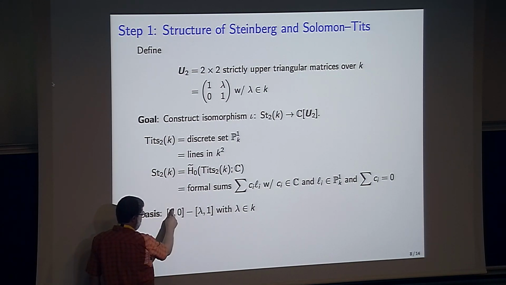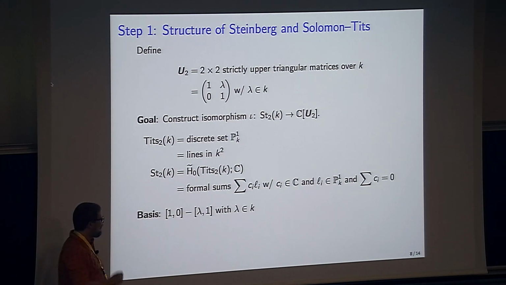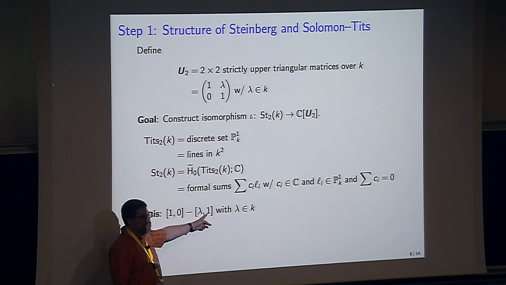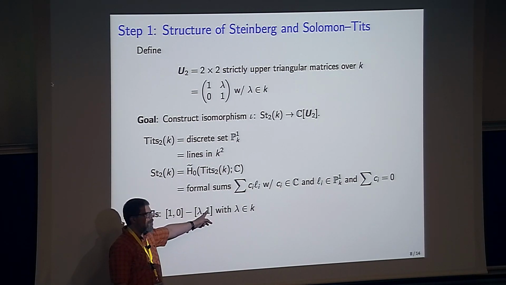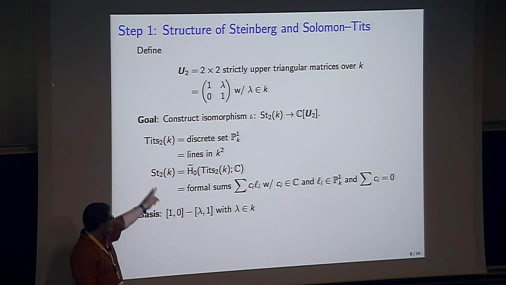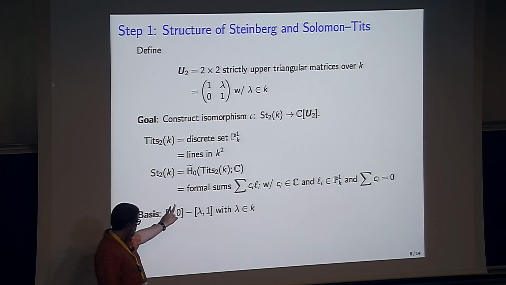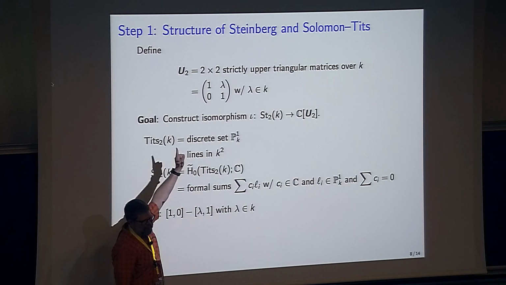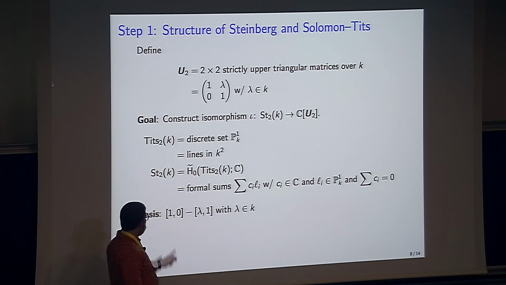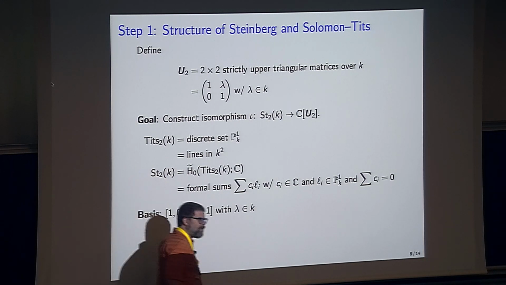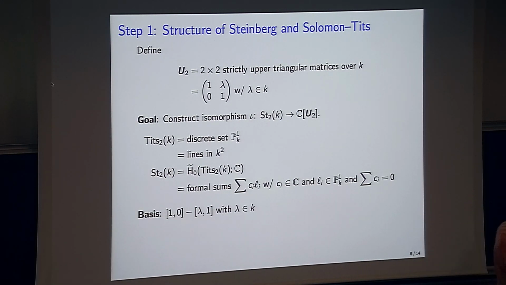This is the line of slope 1 over 0, the line of slope infinity. And so that's just that line minus some other line. Any other line will be of the form lambda comma 1. Okay, so this is a basis for the Steinberg module. And look, 1, 0 minus lambda, 1. The basis is in bijection with U2. And that's what the isomorphism is.